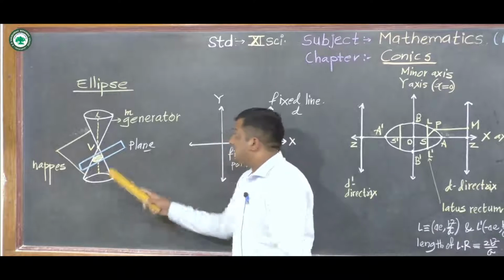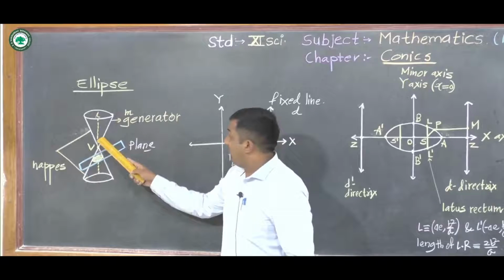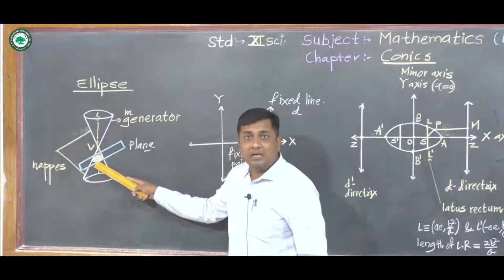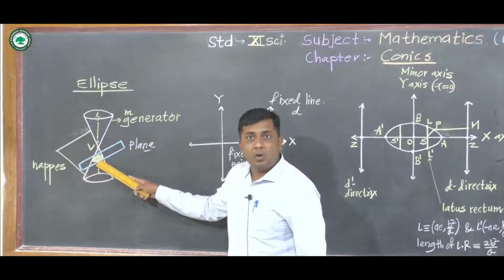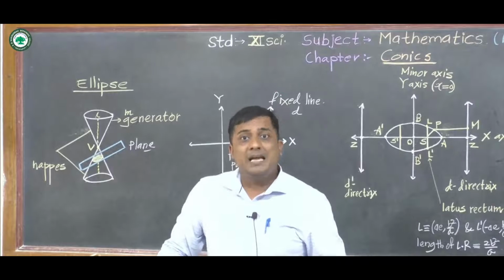I repeat, this plane is not parallel to the generator and does not pass through the vertex. Then we get this type of figure in the intersection, and this is the ellipse.